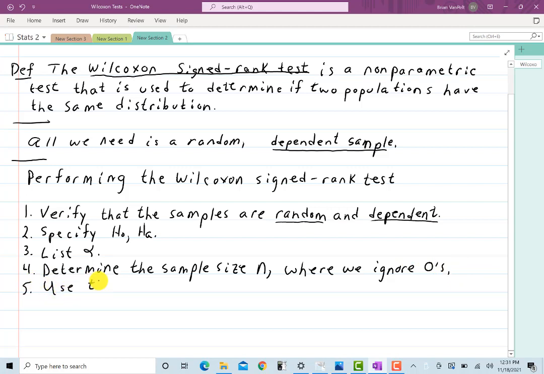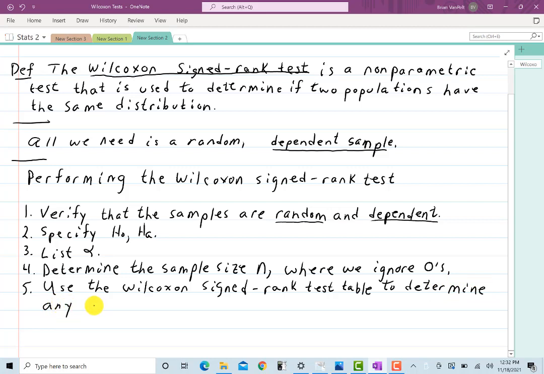Use the Wilcoxon signed rank test table to determine any critical values.